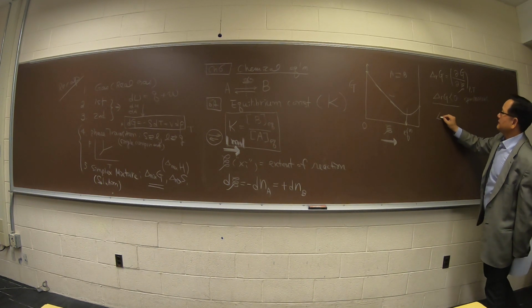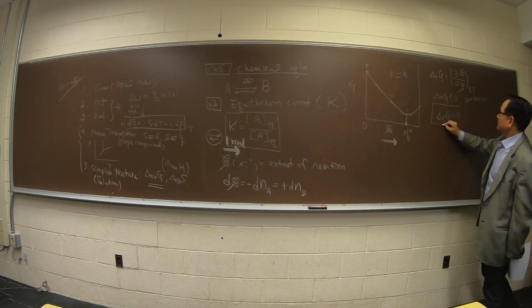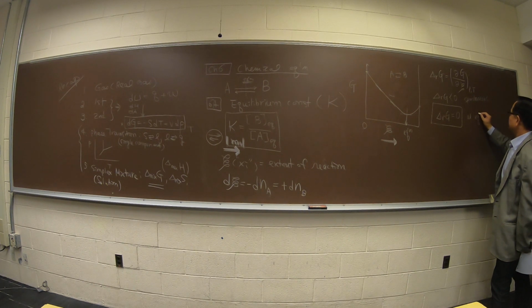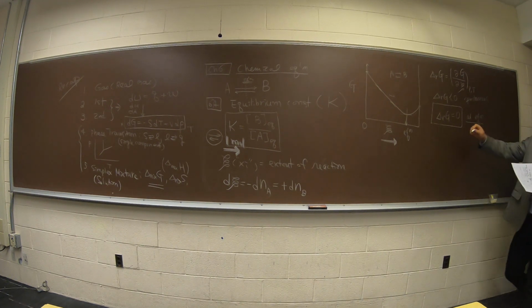And what that means is when this is 0, this is at equilibrium. Okay? So the system is at equilibrium when this change is no more.